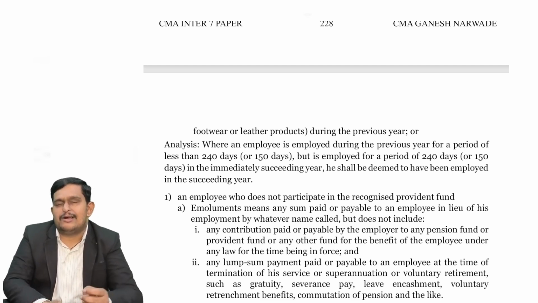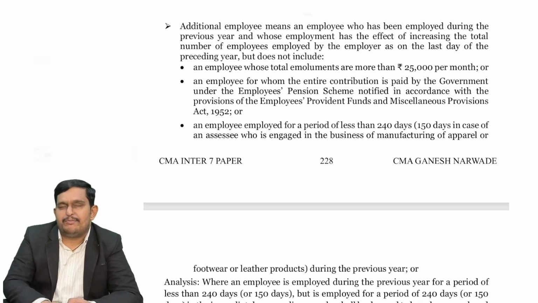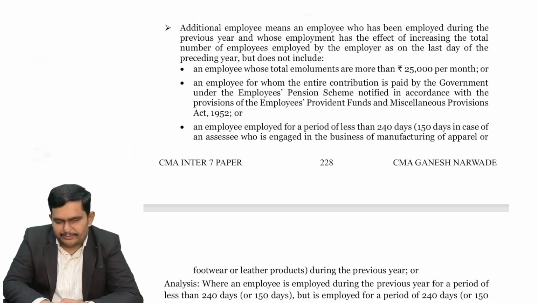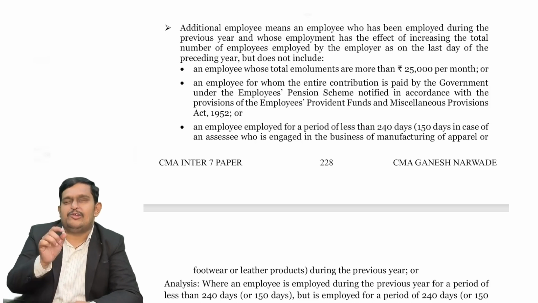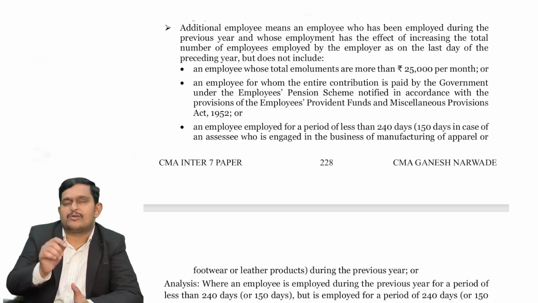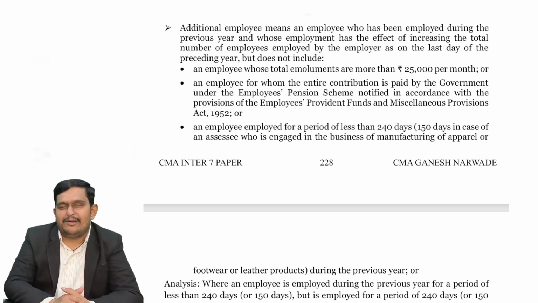And if you are not covered by the Employees Provident Fund and Miscellaneous Provisions Act, then your NPS contribution or your retirement benefits are not treated as emoluments. Okay, this way you have to understand. With this, we completed the entire concept till 80JJAA. We'll solve some problems and then we'll go to further concepts. Okay, bye everybody. Take care.